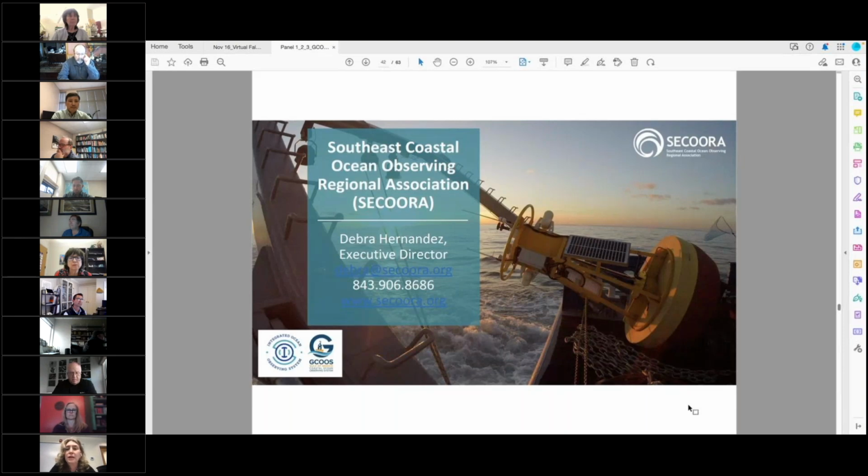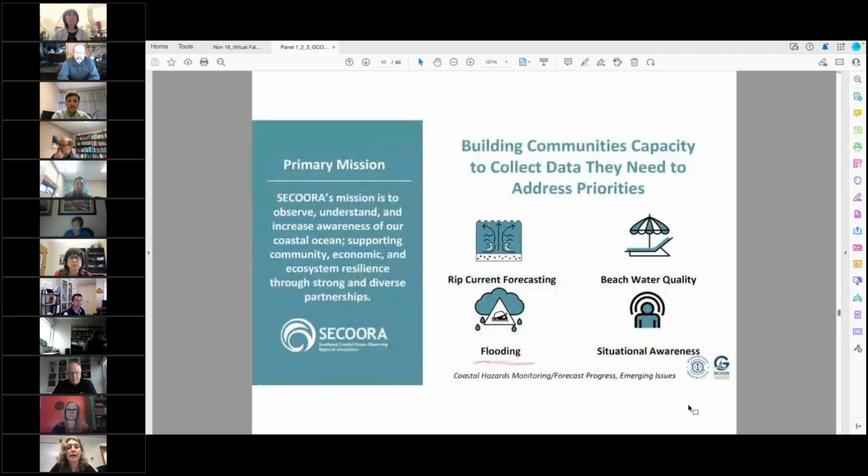As Pat just mentioned, SECOORA is another regional association, so our mission is very similar to GCOOS. We're primarily about collecting the observations that are necessary to support community, economic, and ecosystem resilience. And how we do that work is through partnerships with the academic community, with the private community, and also with local governments, NGOs, et cetera.